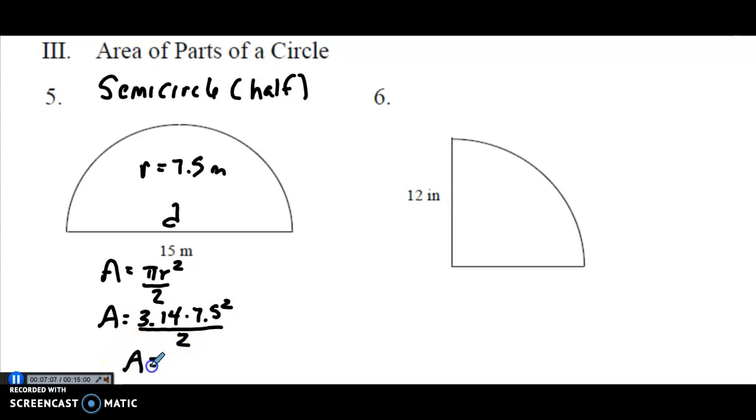We plug that into our calculator, and we get 88.3125, and that would be square meters.